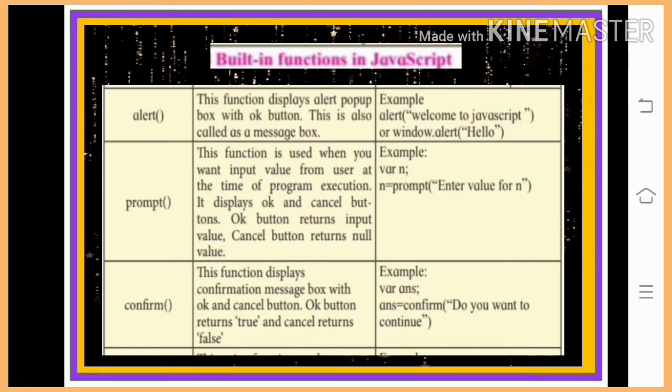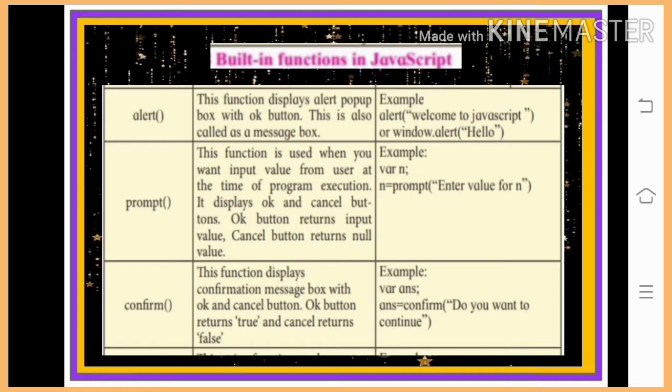So it will display one box with OK and cancel button, message and one text box to enter the value. So the prompt function is used to accept the outside value from the client or user.